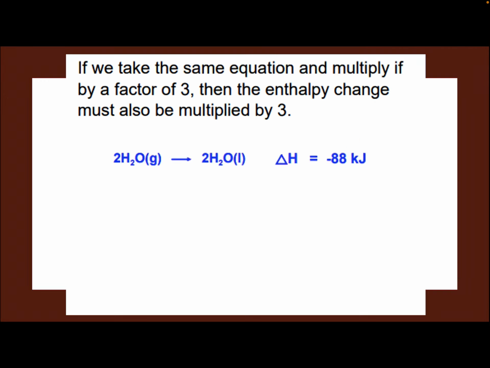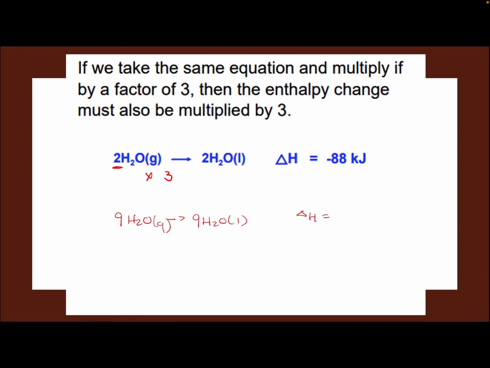So if we take the exact same equation and multiply it by a factor of 3, then the enthalpy change will also be multiplied by a factor of 3. If we multiply this by a factor of 3, that means this whole equation has to be multiplied by a factor of 3. So this 2 is going to be times 3, and we're going to get 9H2O, which is now a liquid. This was a gas.